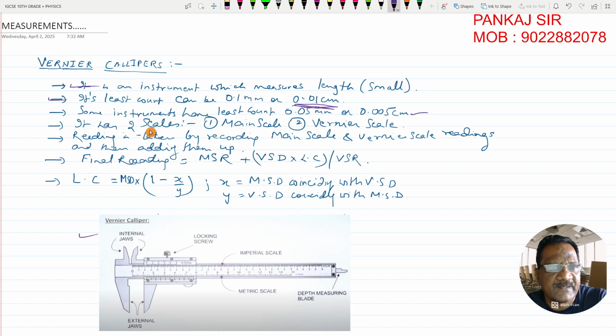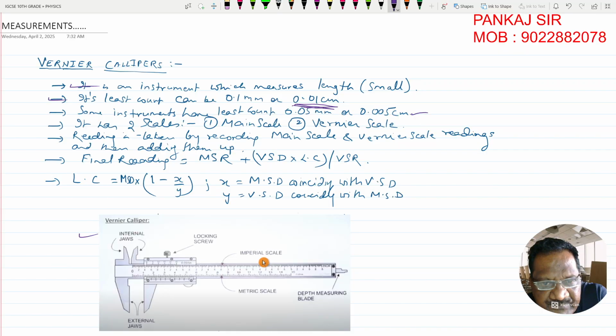Next point is it has two scales. One is a vernier scale and one is a main scale. Now, if you see in this diagram, you can see this long metallic strip where my cursor runs. This is nothing but a main scale, right? On the top, the scale has been calibrated in something called imperial scale.